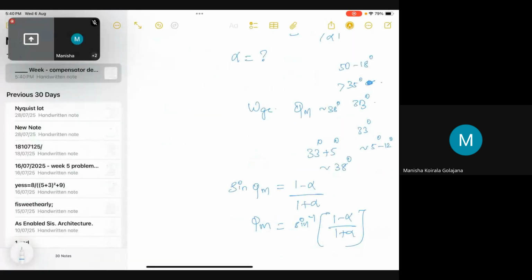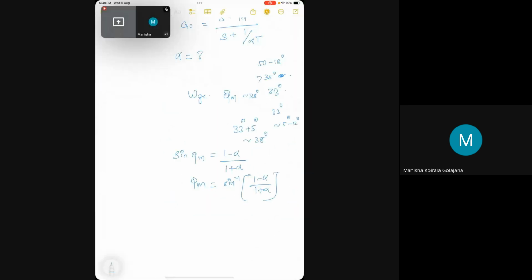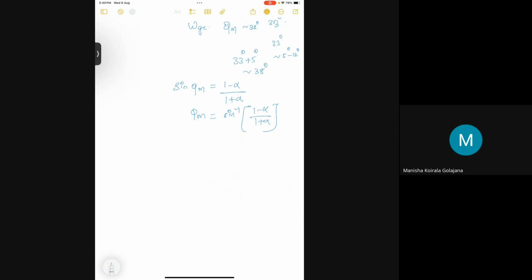Now phi m should be 38 degrees minimum. So 38 equals sine inverse of 1 minus alpha by 1 plus alpha. It is easy to keep it here itself.